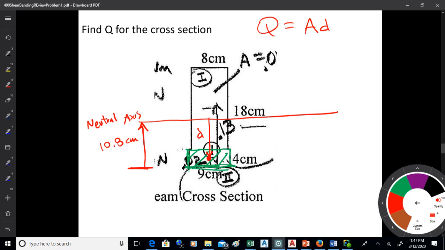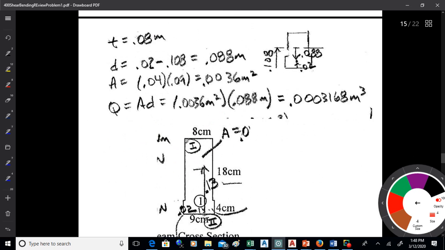Q, which is what I'm showing here, over I, which is just the moment of inertia, and t, the thickness of the beam. Just get that stuff figured out, and find each one of those things and plug them into the formula. I have had some issues with this on the final in the past, but if you figure out what all those things are and what they mean, just find each one individually and then plug it in, okay?